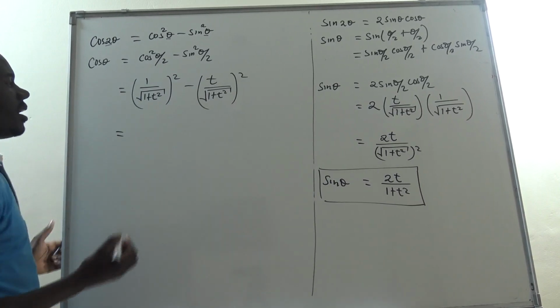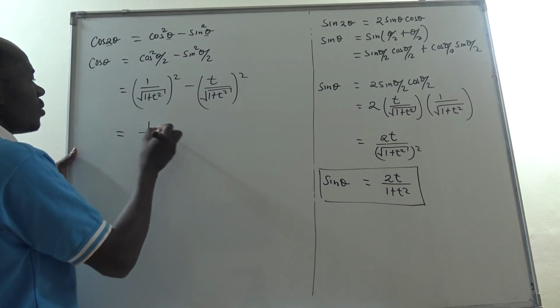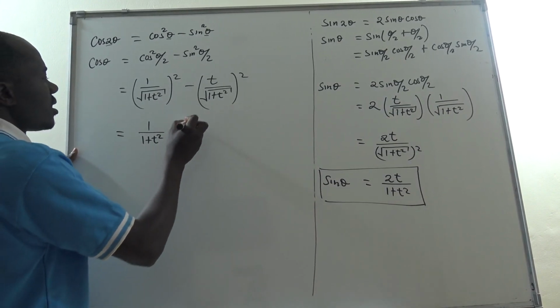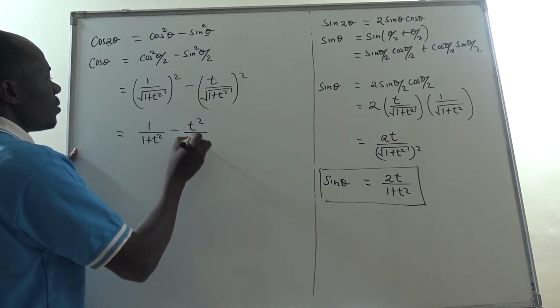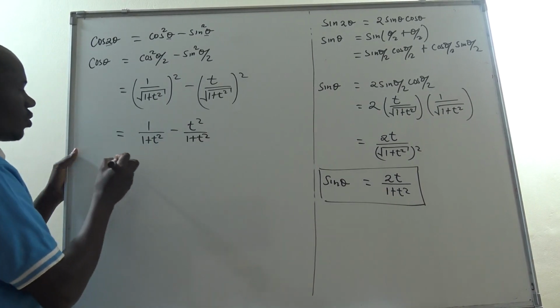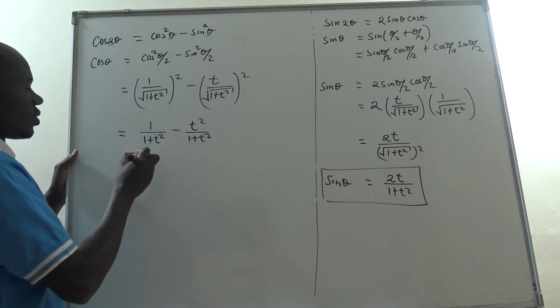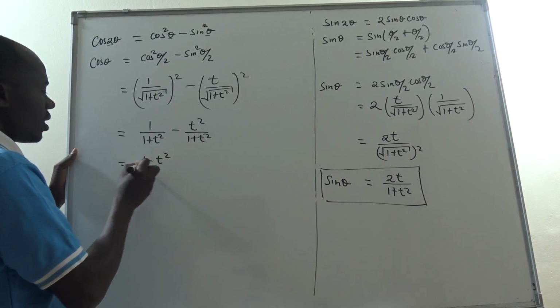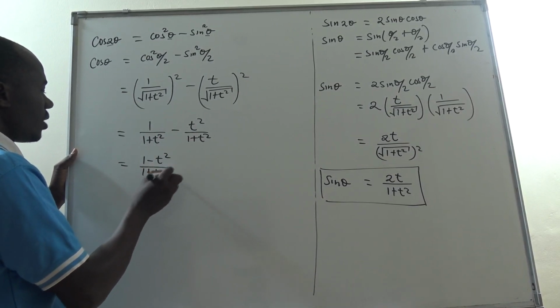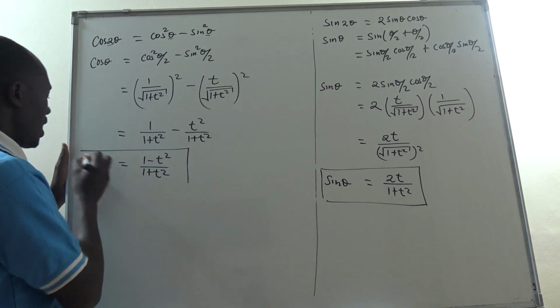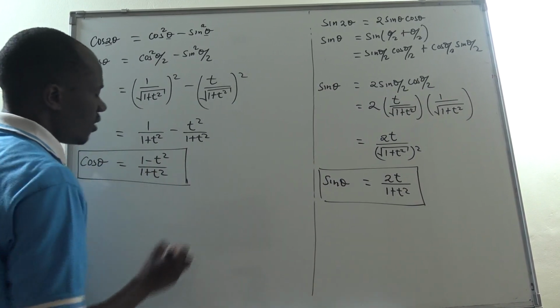So can we expand? 1 squared, you get 1 out of 1 plus t squared minus t squared out of 1 plus t squared. So can we get the LCM? The LCM is 1 plus t squared. So this is the same as 1 minus t squared out of 1 plus t squared, which is cos theta. So this is the expression of cos theta in terms of the t formula.